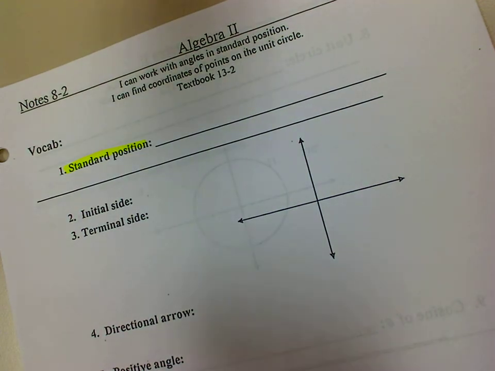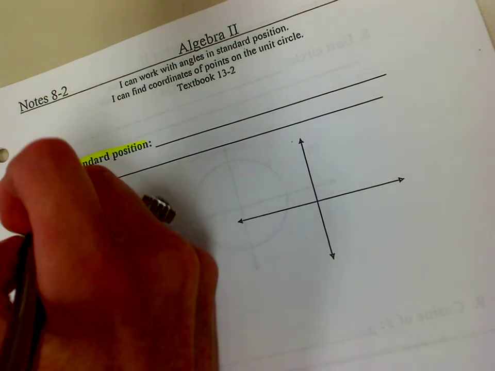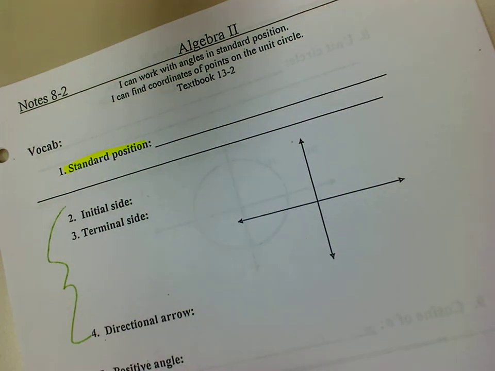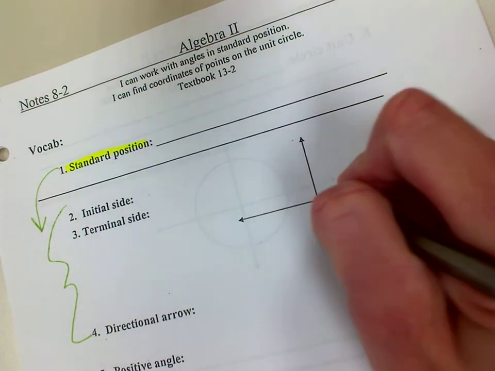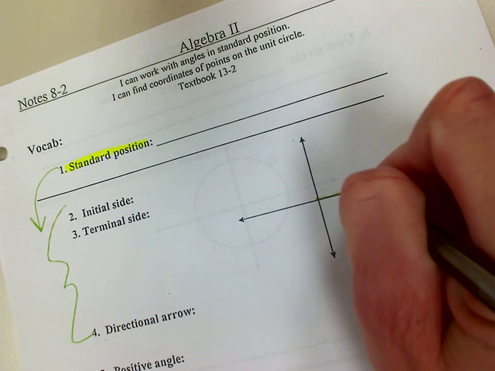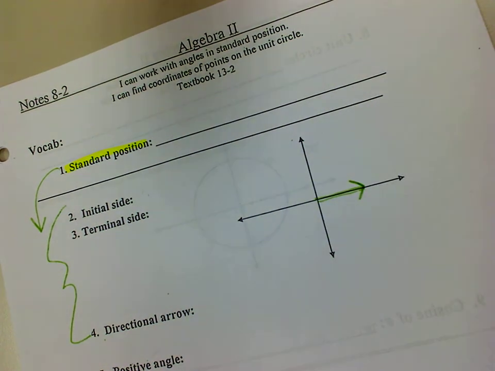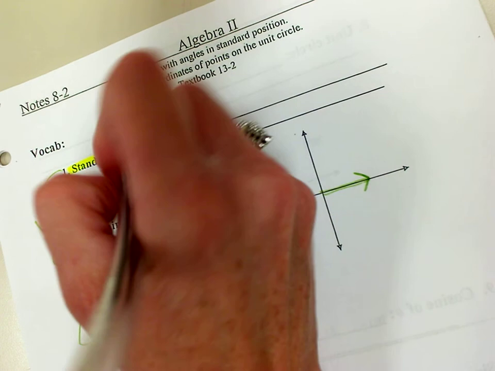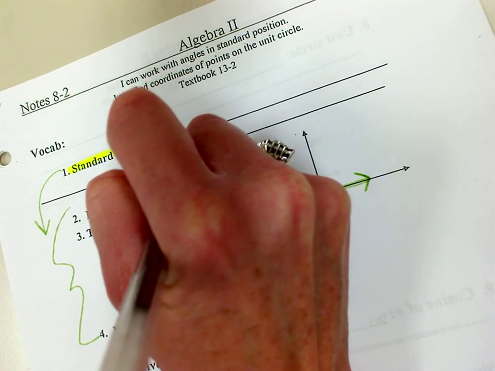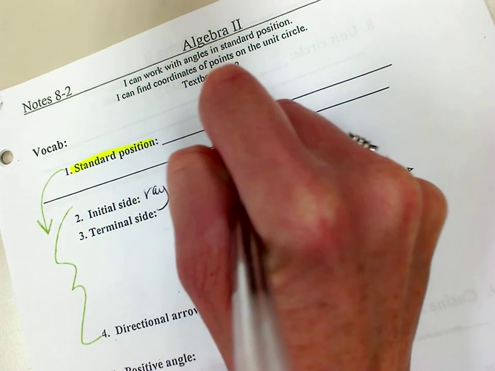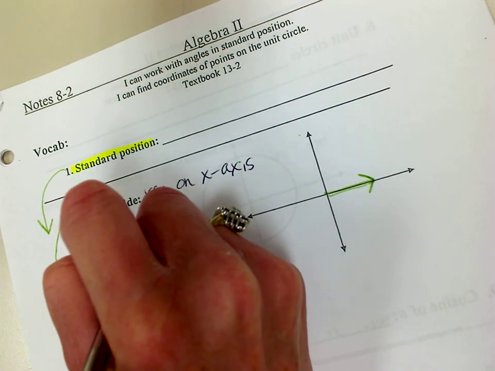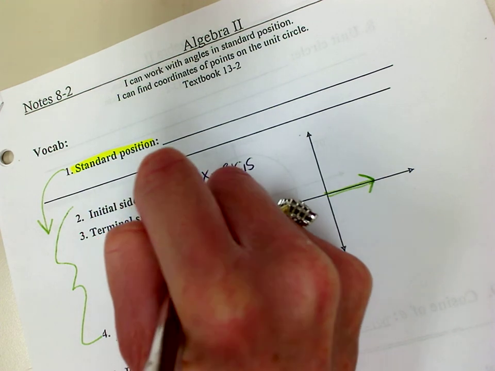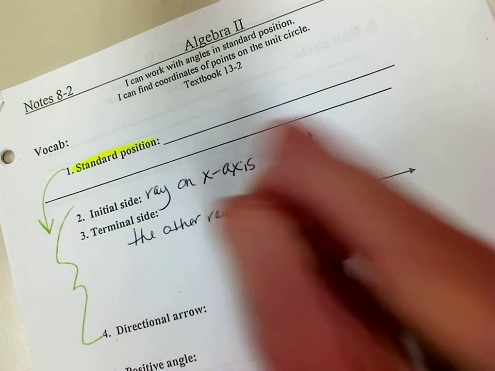So standard position, you need these three things. So the initial side is always going to be the ray that's on the x-axis. The terminal side is going to be the other ray.